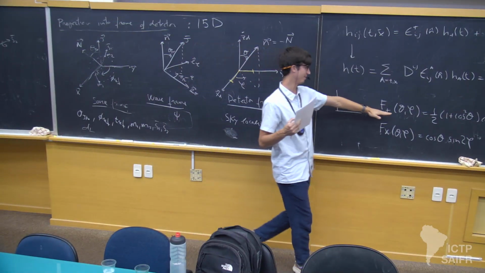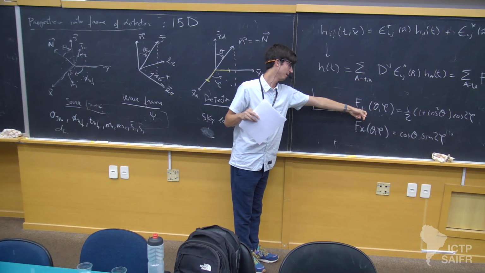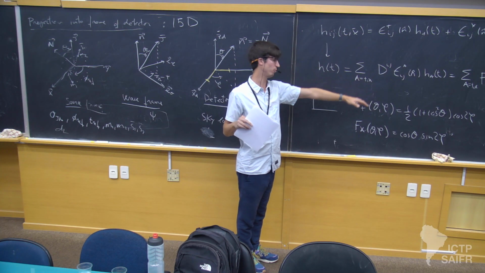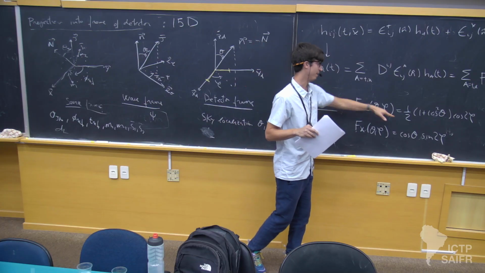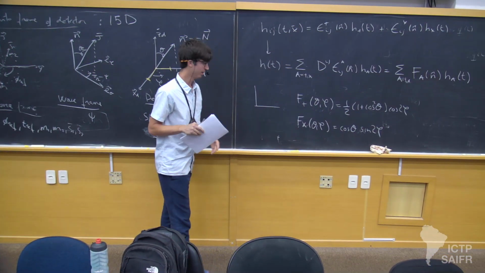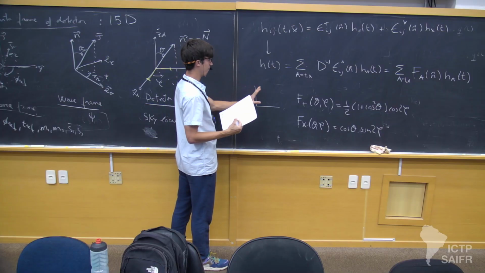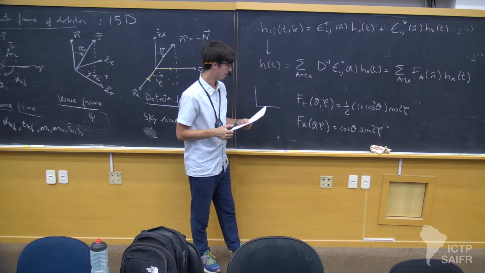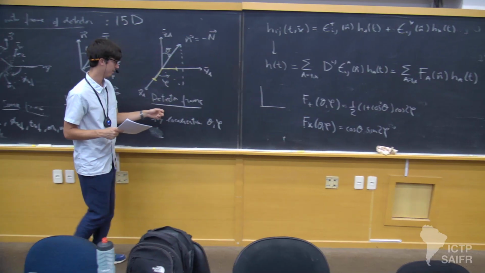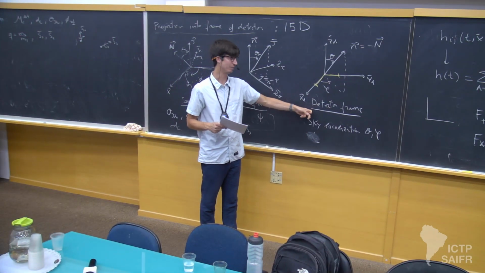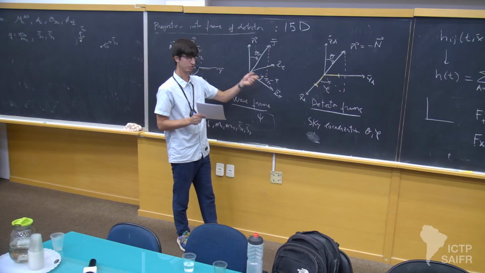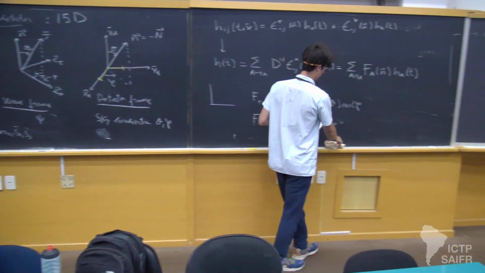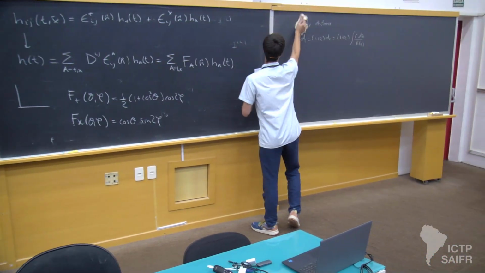These are, by the way, the antenna pattern functions for the plus and the cross polarization. If you are interested in other polarization modes, the antenna pattern function will be different. Similarly, if you have a different configuration for your detector, this will change. But this is only including the direction in the sky. We need to include the possibility of rotating the polarizations.